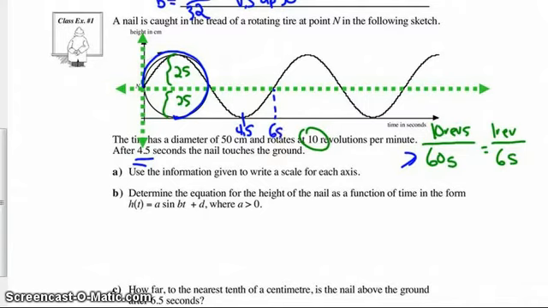Use this information to write a scale for each axis. I think we can say that this would be 25 and this will be 0 and that up at the very top would be 50. And I could make a scale and say that each of these is 1.5, and that's 3, 4.5 and that's 6. So if we're going by 1.5 seconds each critical point, that would be good.